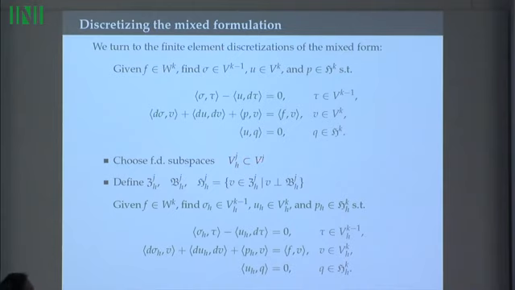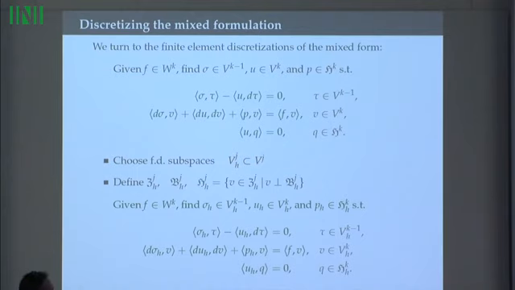And the range of D is the range of D applied to the subspace. Then I can take everything in Z_h that's orthogonal to B_h. So that's my discrete harmonic forms for an arbitrary choice of subspaces here.